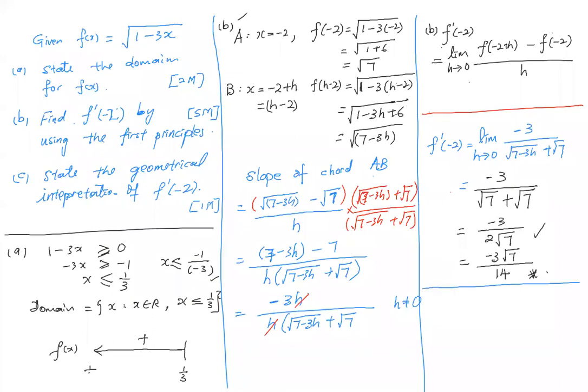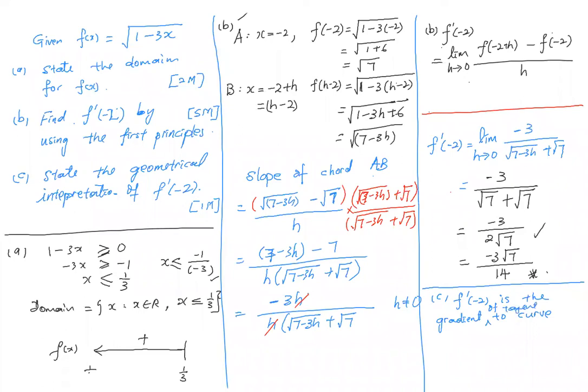Then for part C, when we talk about geometrical interpretation, you must state that there is no other answer. F prime of negative 2 is the gradient to the curve. You can say gradient of tangent also, nothing wrong.